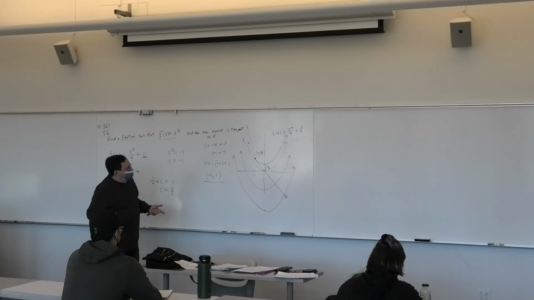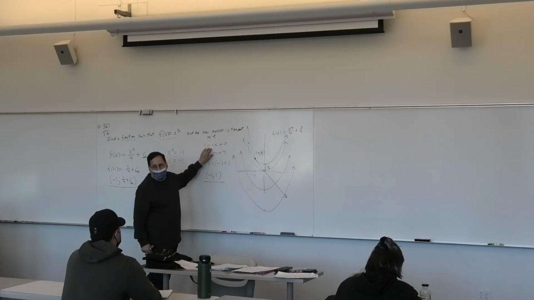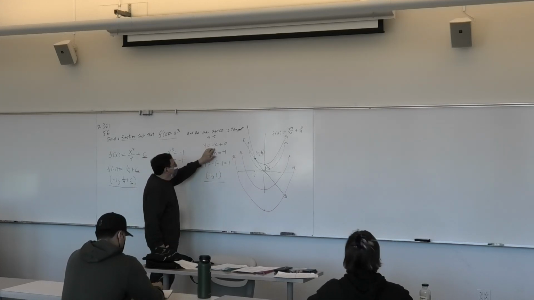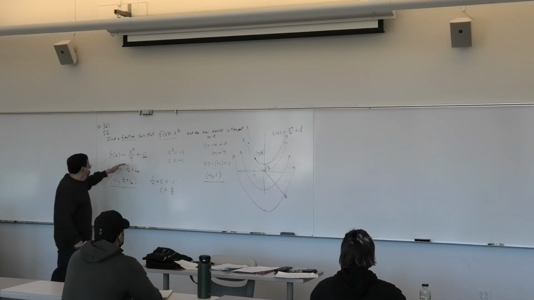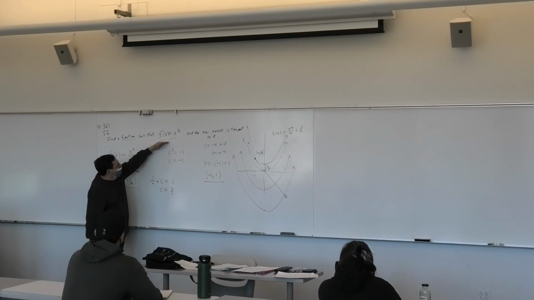If you think about it, you could have been given pretty much any line here, right? Given a line, it has a slope. You can work the derivative backwards and find that slope.